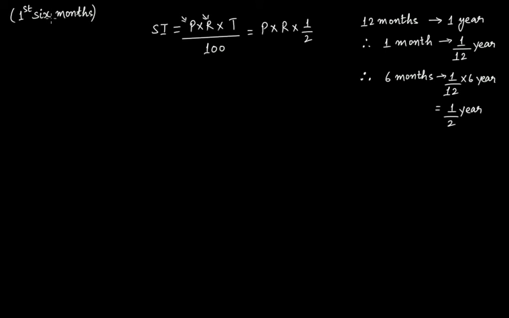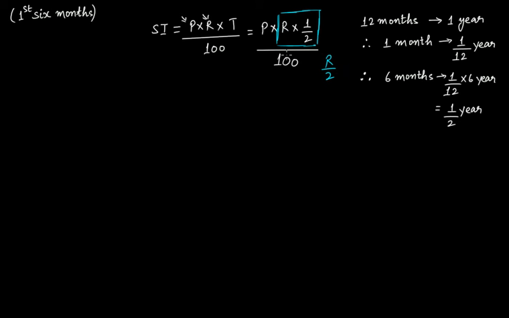The period of 6 months means 1 by 2 year, and this is divided by 100. Now if you look at R multiplied by 1 by 2, what does it tell us? It tells us that if your interest is being compounded half yearly, your rate is actually halved. R multiplied by 1 by 2 means R by 2 only, right?